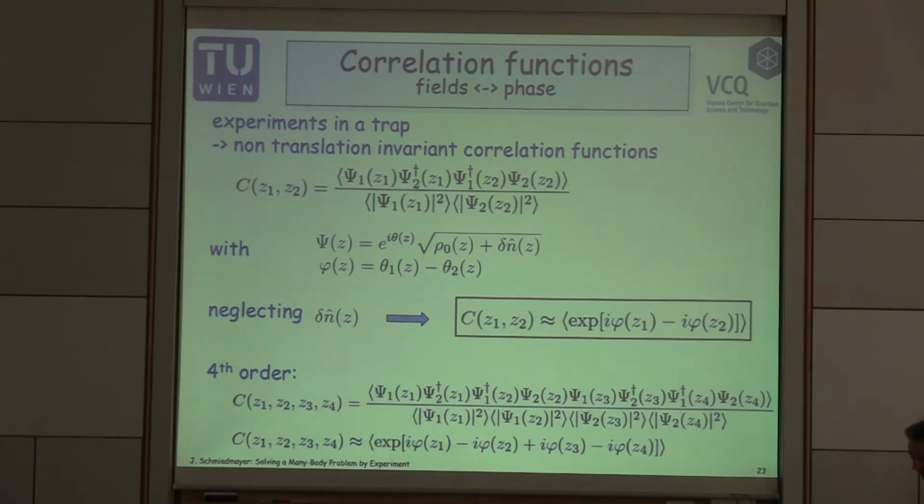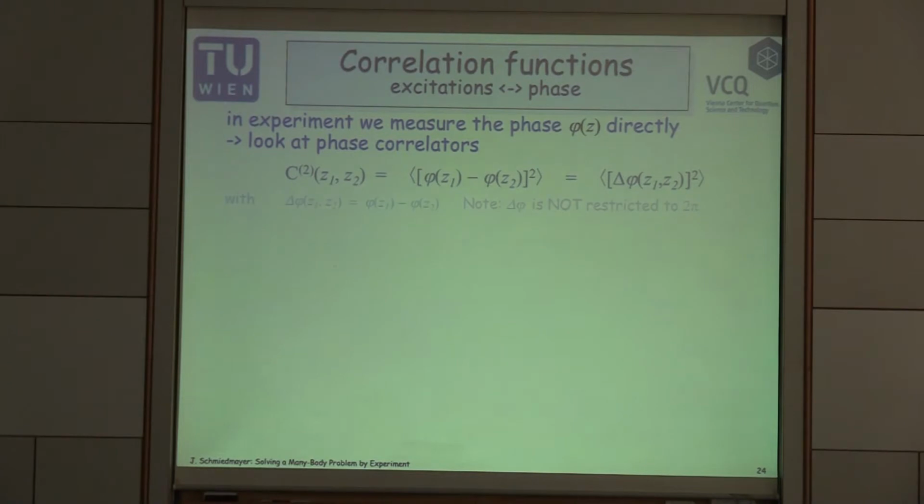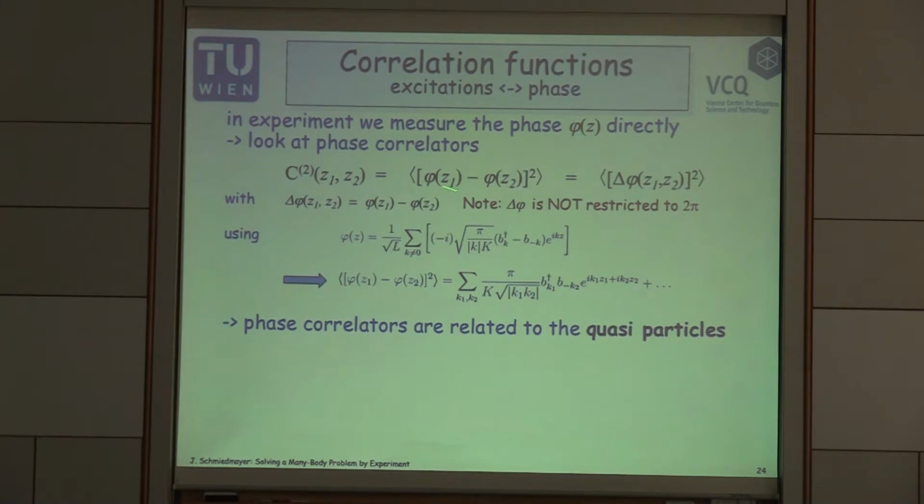Now there's a different way of measuring correlations with these phases, because phi is the field in my Hamiltonian, so it's better to measure direct correlations of the phase, phi(z1) minus phi(z2). So direct phase, not the e to the i phi correlators, but direct phi correlators. Note you have to unwind the 2 pi's of the phase. The e to the i phi are easy to calculate because I don't have to care about the 2 pi's.